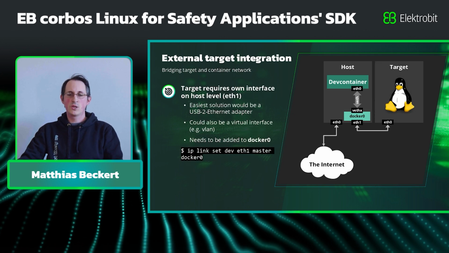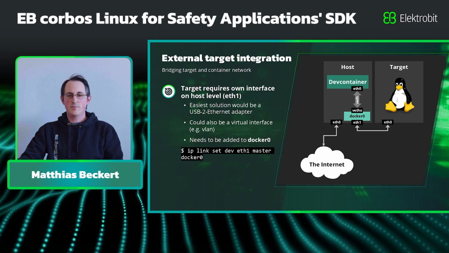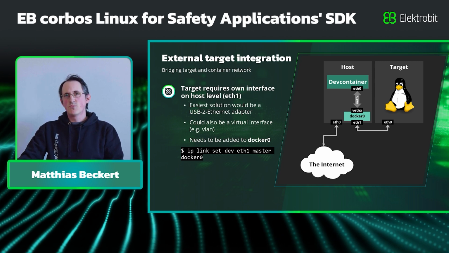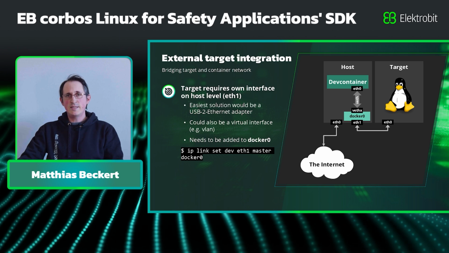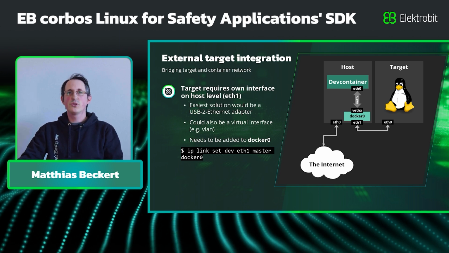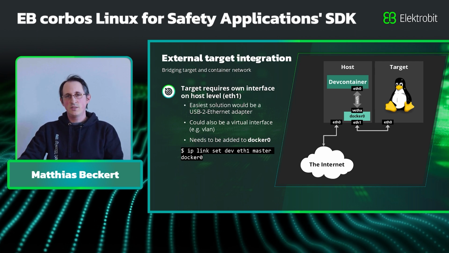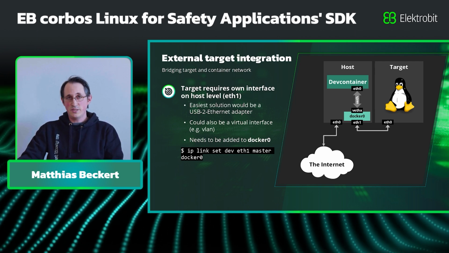If you would now like to include a target in this setup, the most elegant way to do that is with an additional interface that is dedicated for the connection to this target. And this could be a USB to Ethernet adapter in the easiest case.